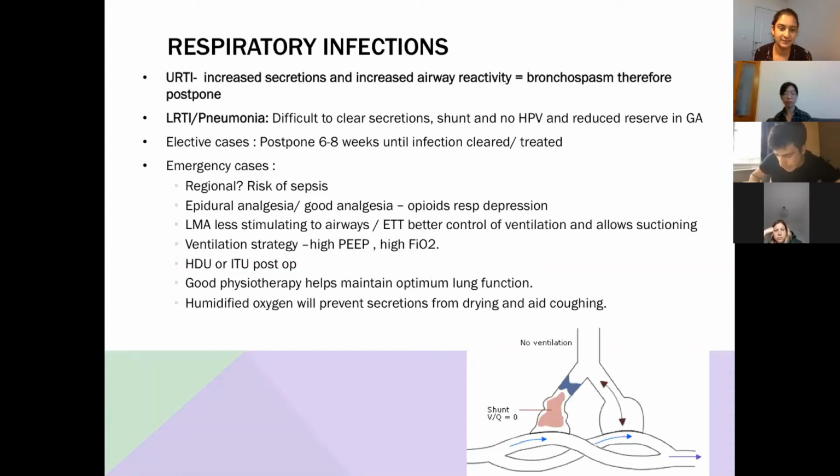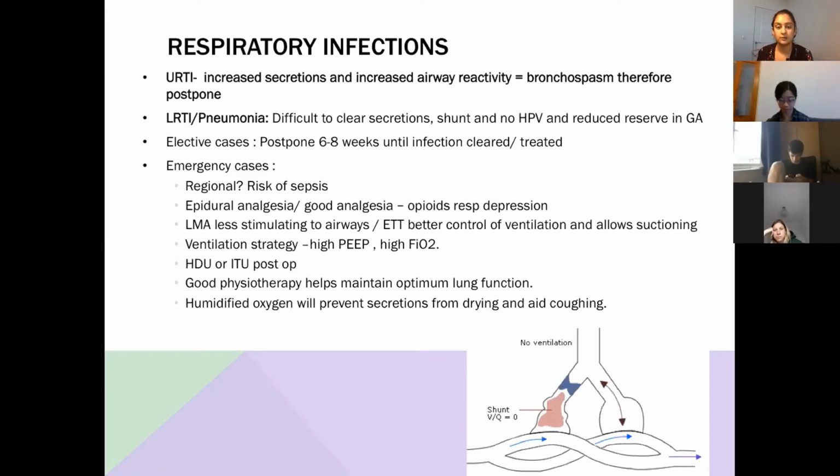It's always consultant decisions. But again, consider regional techniques, weighing the risk against the risk of sepsis if they're already a septic patient, giving epidural analgesia, good analgesia, and of course, using opiate-sparing techniques. Use of an LMA is good because it's less stimulating to the airways and reduces the risk of laryngospasm.